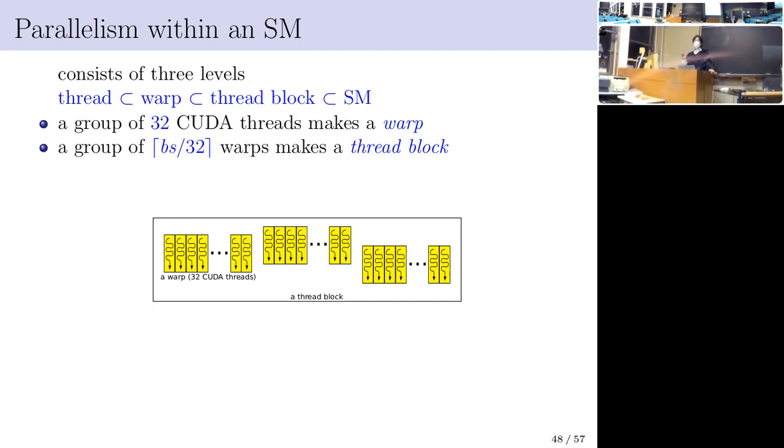So you need 2 warps. So 2 warps make a thread block, actually.